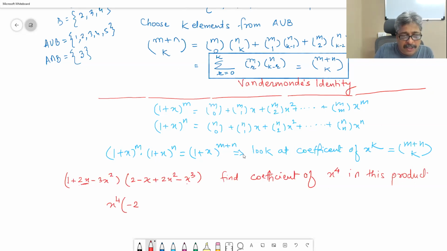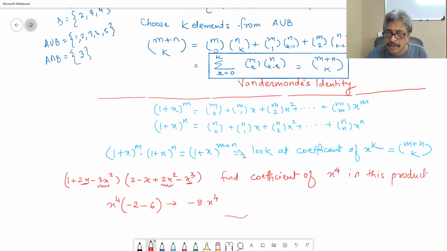And then who else can give me x raised to 4? Minus 3x square into 2x square. So minus 6. These are the two which will give me x raised to 4, and hence the coefficient of x raised to 4 is minus 8.